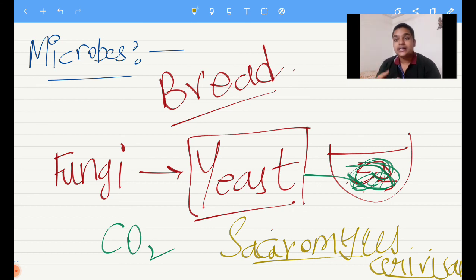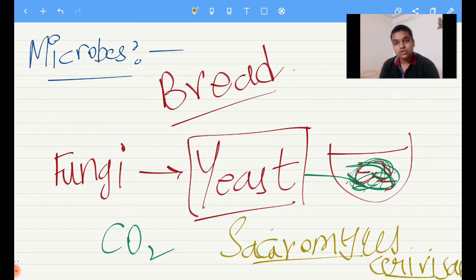It releases lactic acid, which partially digests milk proteins, and also this LAB releases vitamin B12, so that is why it makes the milk more nutritious.